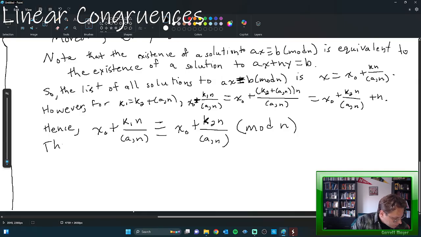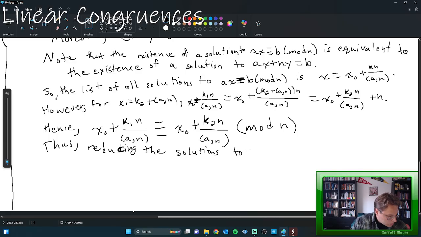Thus, reducing the solution to modulo n, all solutions are given by this.